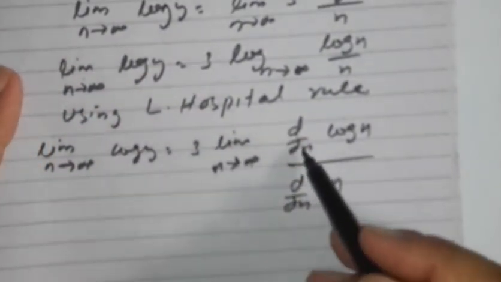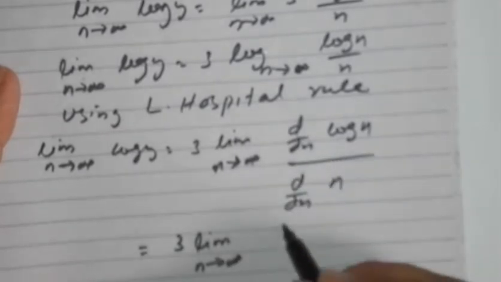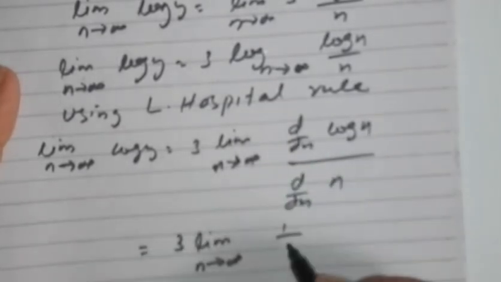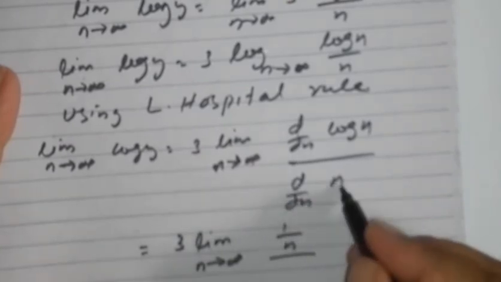Now keep in mind that d by dn of log n is 1 by n. So 3 limit n tends to infinity, d by dn of log n is 1 by n, and d by dn of n is 1.